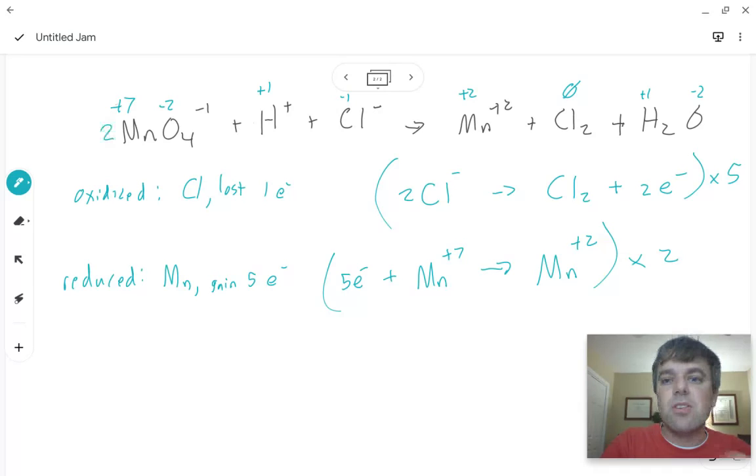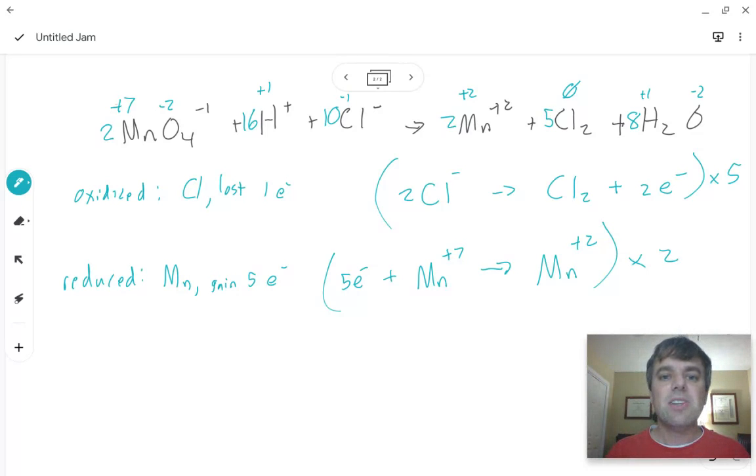So for the manganeses, we'll put 2 and 2. And then for the chlorines, we're going to need 2 times 5, or a 10, and a 5. And then we've got 8 oxygens on the left side, so we need to put an 8 right there, and then we need 16 hydrogens.